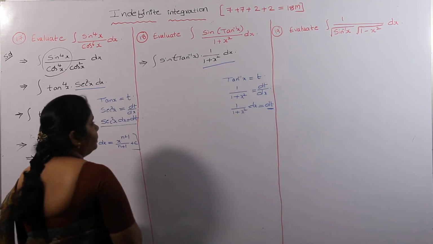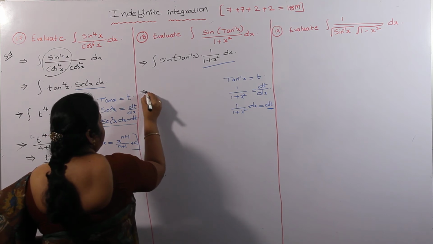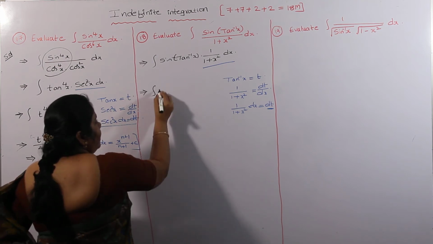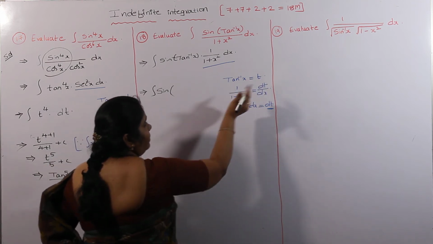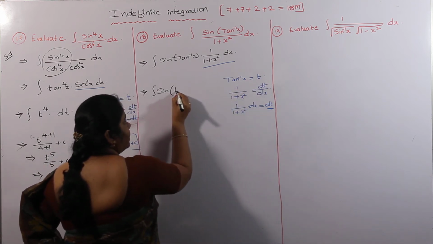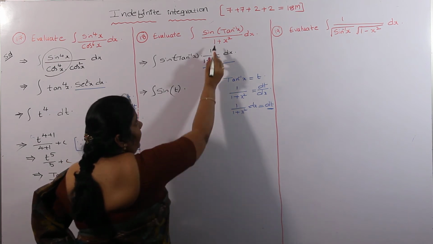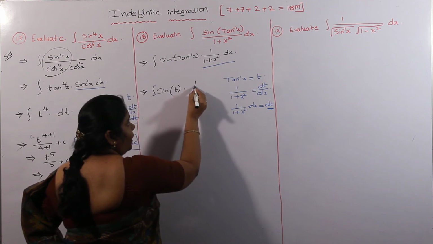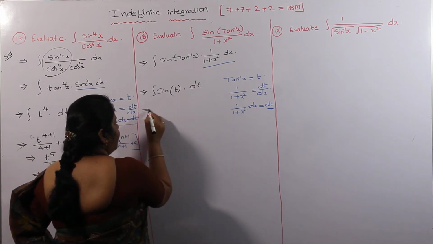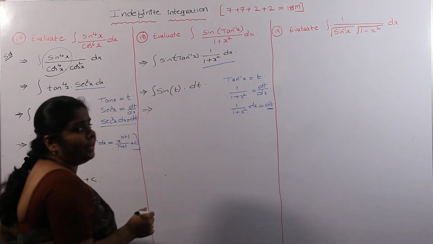Substitute in this problem. That implies the integral of sin of tan inverse x, which is t, into 1 by 1 plus x squared dx, which is dt. So this is in the form of the integral of sin x dx.